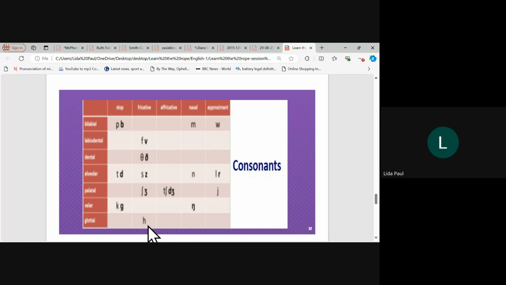Okay. Yeah. So affricative, it's a very interesting sort of sound. From the chart, which are the affricatives? Ch and j, right? In English, ch and j are your affricate sounds.